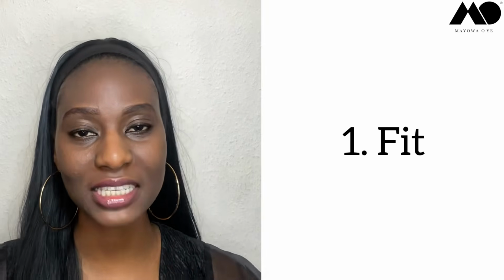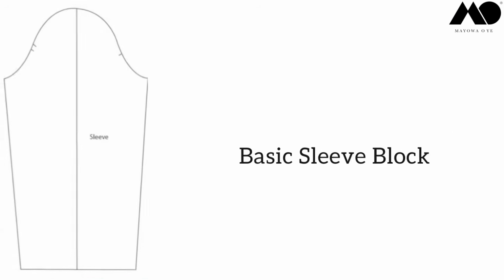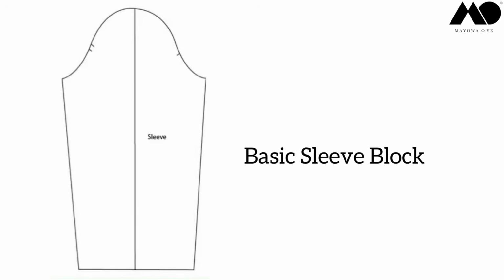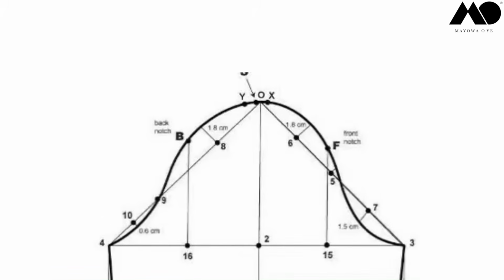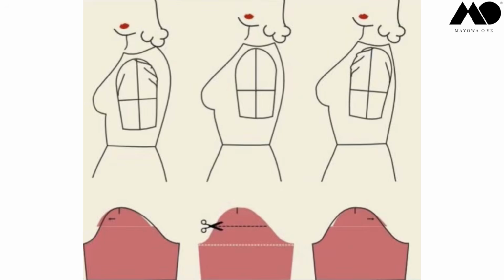And we'll be starting with fit because it's the foundation of sleeve design. Your sleeve block controls how the sleeve sits and moves on the body after sewing. So even something as little as 1 centimeter in the sleeve head curve or bicep width can change everything about the sleeve.